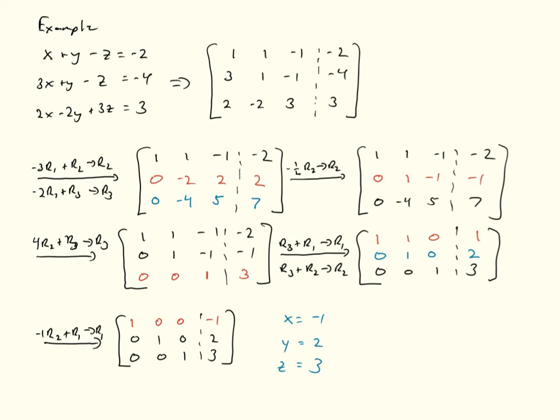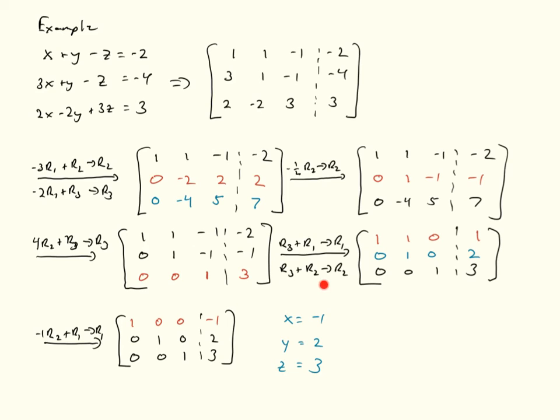When I take row 3 and add it to row 1, 0 plus 1 is 1, so that's all set. 0 plus 1 is 1, so that's the same. 1 plus negative 1 gives me the 0, and 3 plus negative 2 gives me a 1. That's what you see in red.